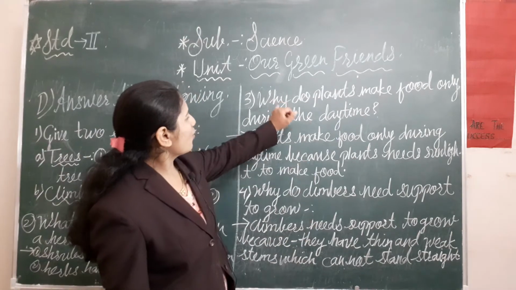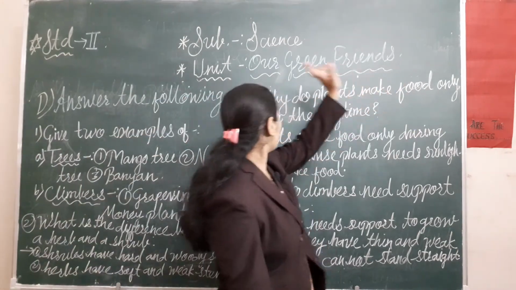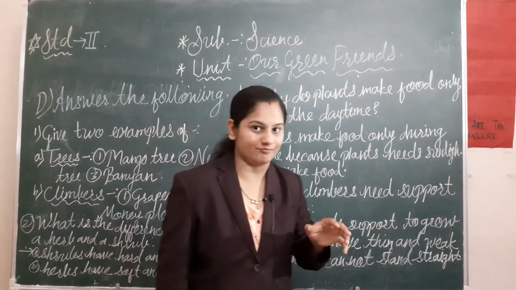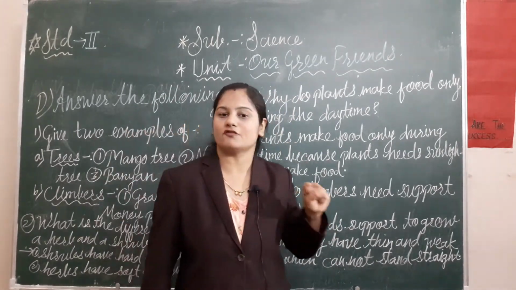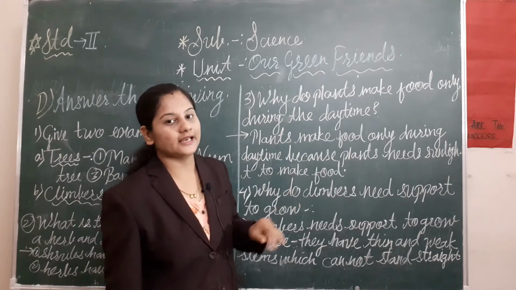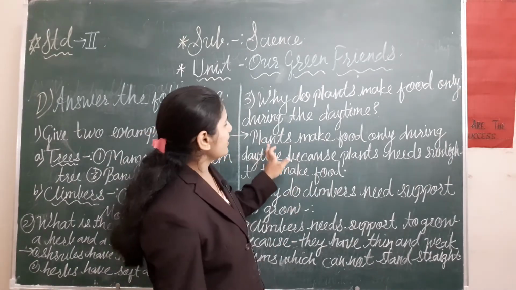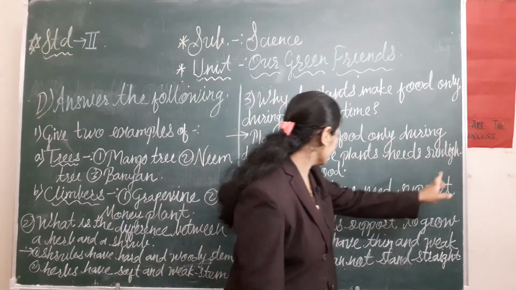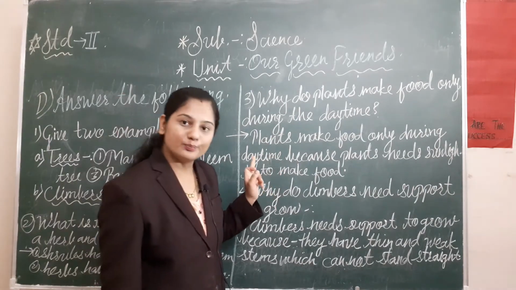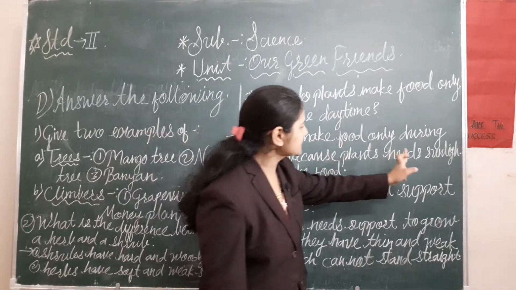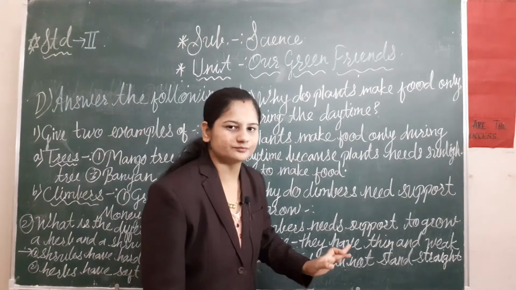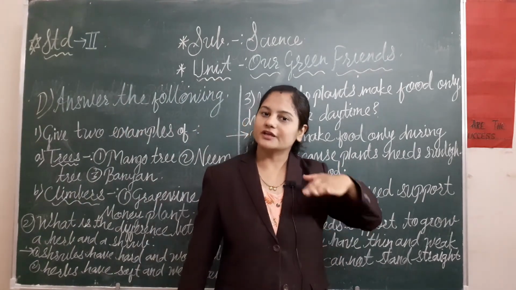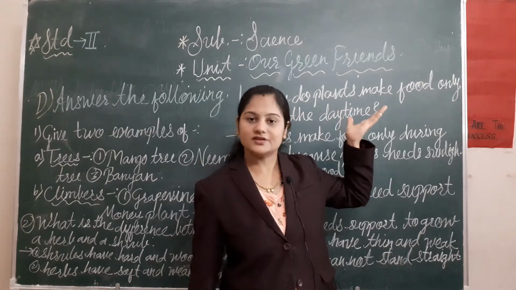Question third, why do plants make food only during the daytime? Yes students, they ask us why plants make their food only in the daytime. Now see, plants make food only during daytime because plants need sunlight to make food. Only during the day we have the sunlight.